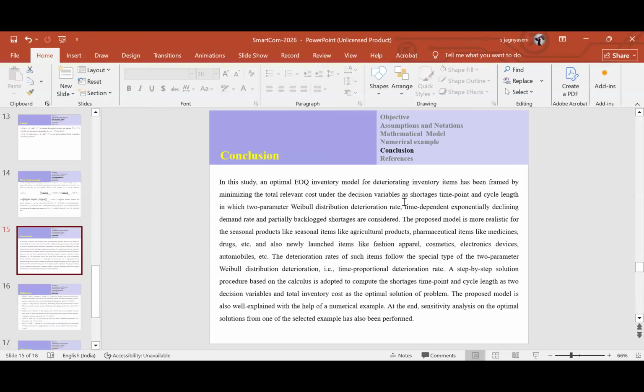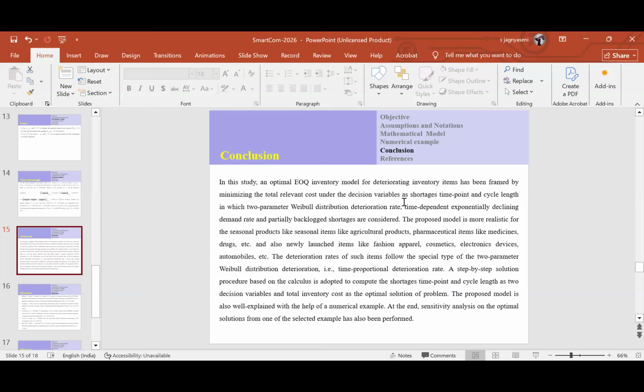The proposed model is more realistic for seasonal items like agricultural products, medicines, drugs, etc., and also newly launched items like fashion, apparel, cosmetics, electronics, and automobiles. The deterioration rate of such items follows the special type of two-parameter variable distribution deterioration.